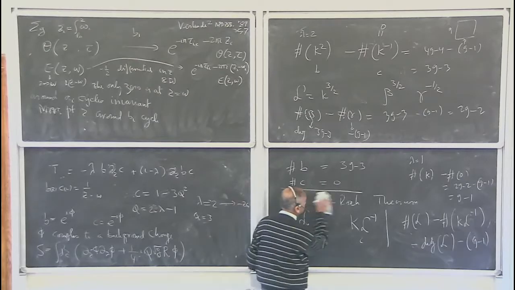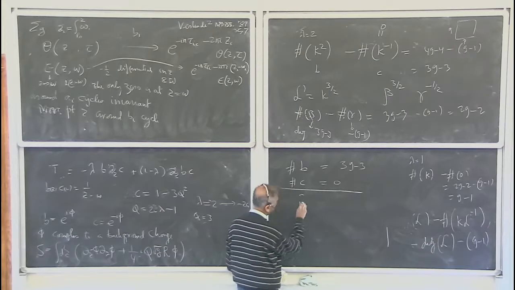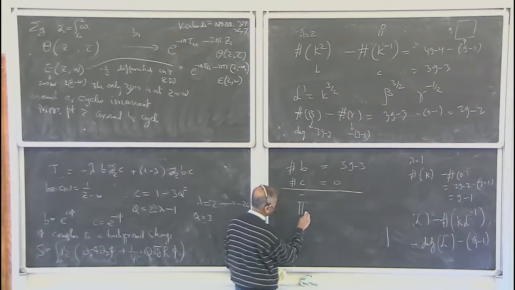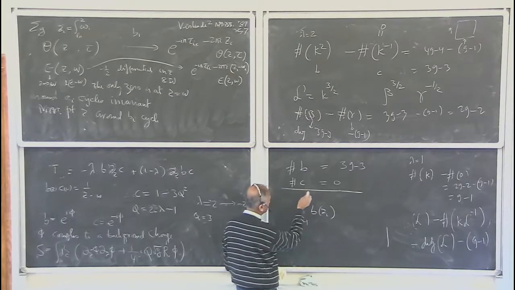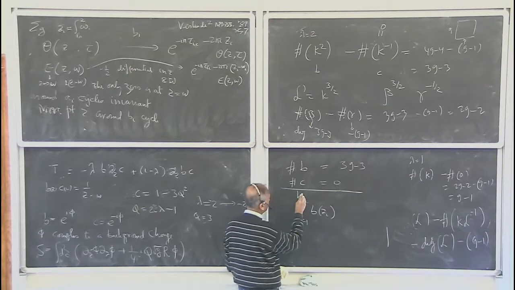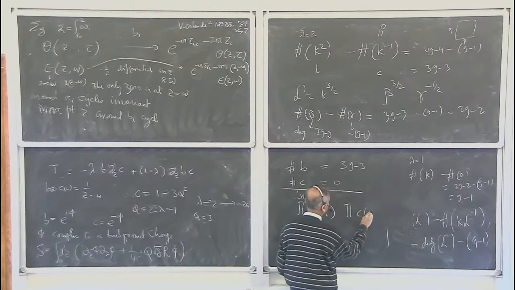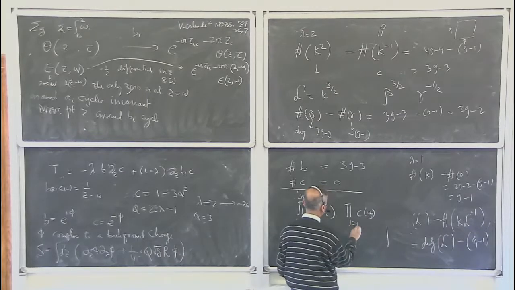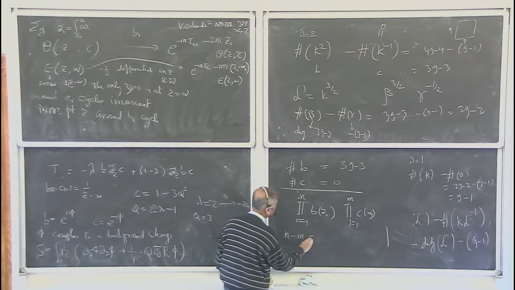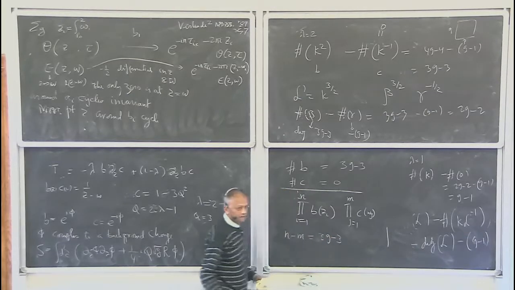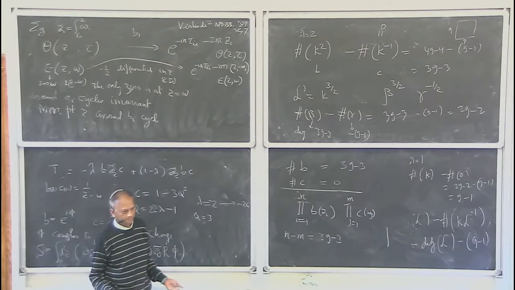So therefore, the correlation function that will be relevant in general will be some number n of b(z_i), i going from 1 to n, and a product of c(w_j), j going from 1 to some m. Then we are saying that n minus m must be equal to 3G minus 3 for it to give you something non-zero. Otherwise, it will be 0.